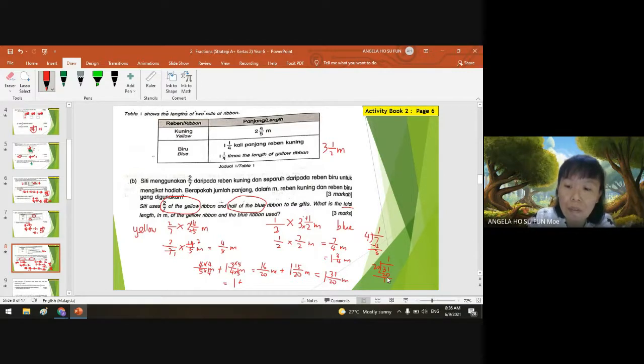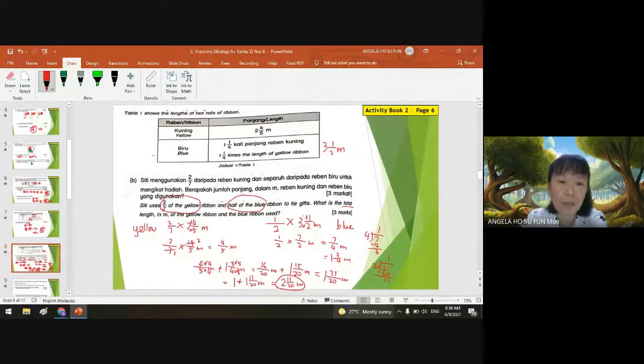You will get 1 and 11 over 20 meter. So altogether, when you plus, you get whole number plus whole number, 1 plus 1 is 2, and 11 over 20 meter. This is your answer. Any problem?